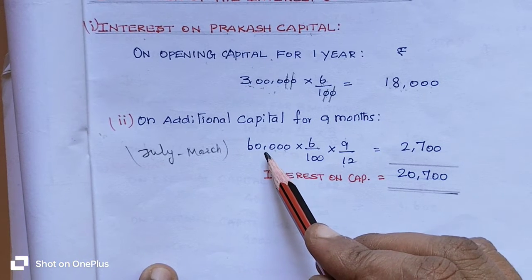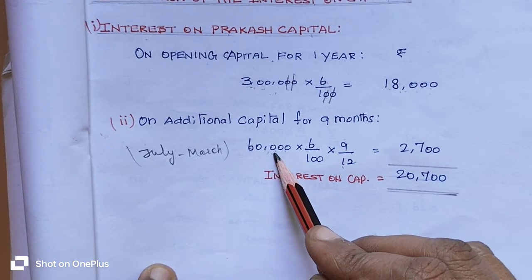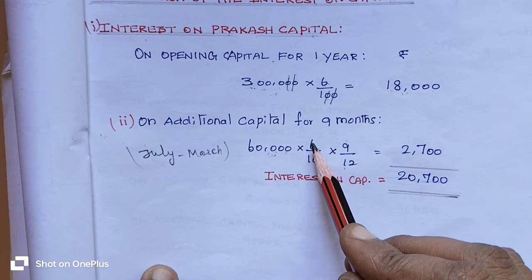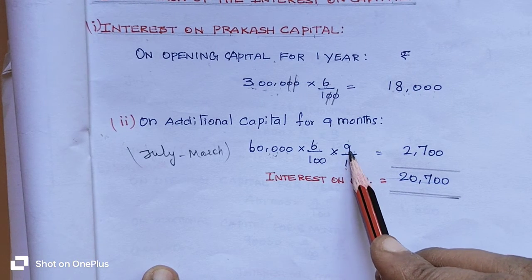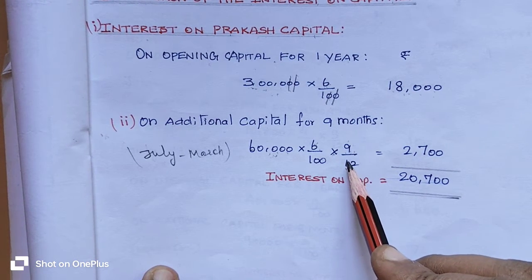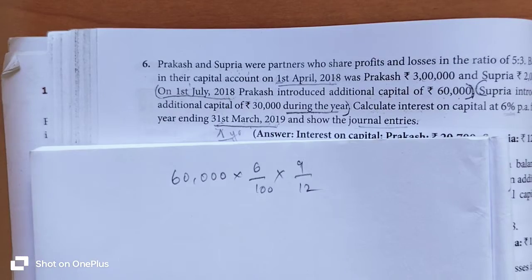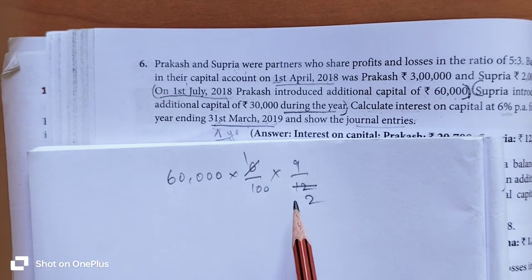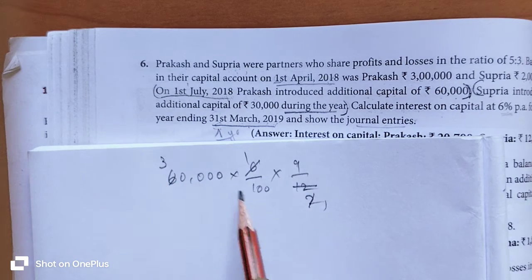So we have to write the interest for the period. The amount of capital, the additional capital, is 60,000 rupees, rate of interest is 6%, means 6 by 100, into the period, 9 months out of 12. Now we are going to cancel it. 1 sixes are 6, 2 sixes are 12. Then 1 twos are 2, 3 twos are 6.